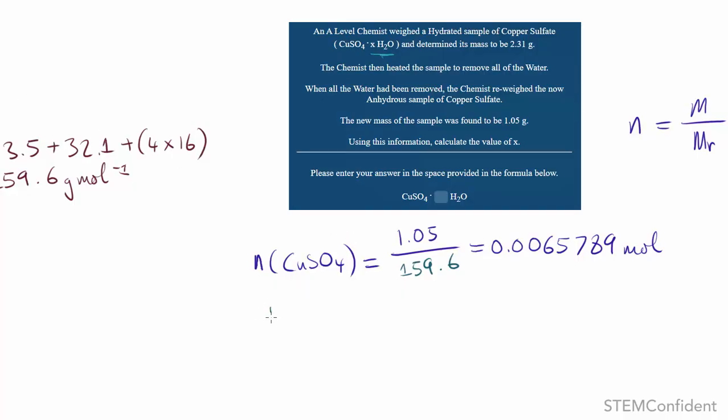So what we can say is that the mass m of the H2O is the mass of the hydrated sample, 2.31 grams, minus the mass of the anhydrous sample, so minus 1.05 grams, right? And that's going to give us 1.26 grams.